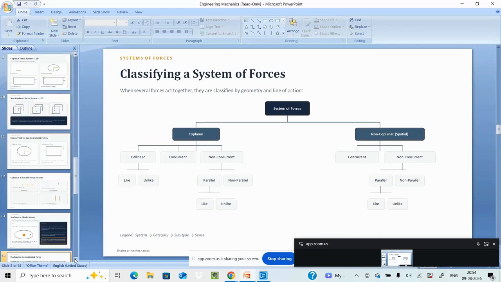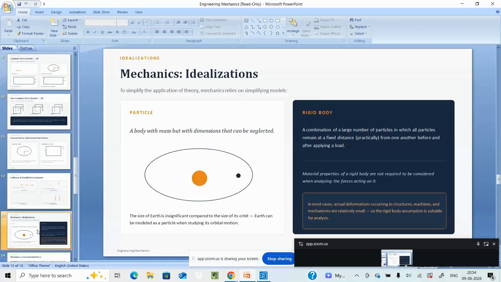For that, different examples have been given. Now, if you see mechanics, the main thing to be noted here is three things. A particle is a body with mass but with dimensions that can be neglected. Mechanics relies on simplifying models.